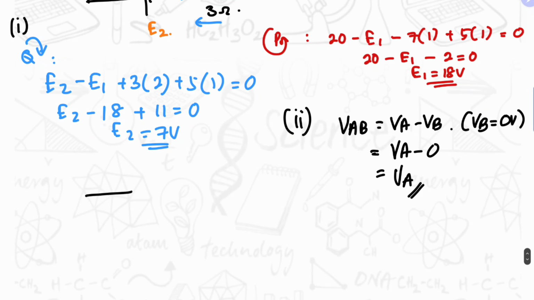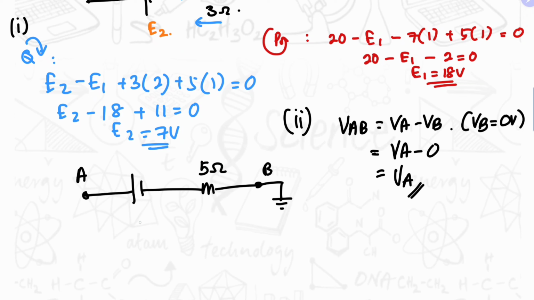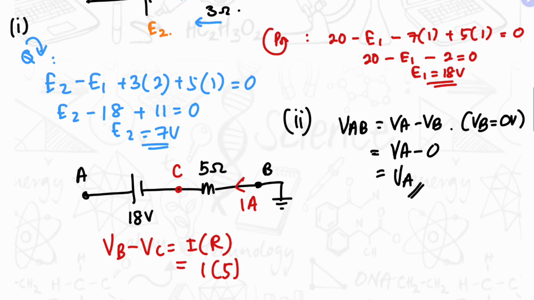Now let's redraw the diagram. This is point A, this is point B, which is grounded, and here it is 5 ohms and E1 is 18 volts. Here current flows from B to A. Let's mark this point as C. The current is 1 ampere. So VB minus VC is equal to IR, that is 1 times 5.